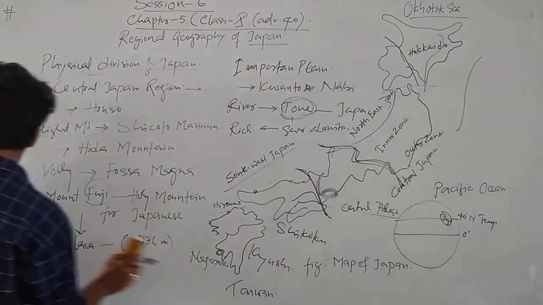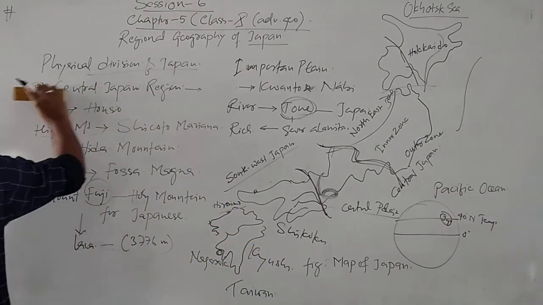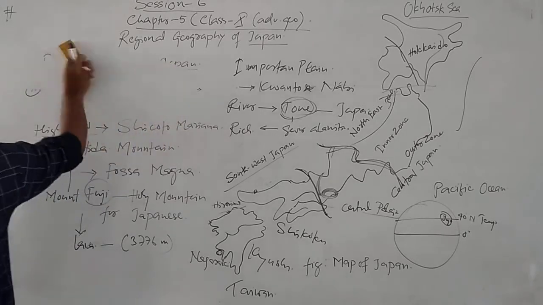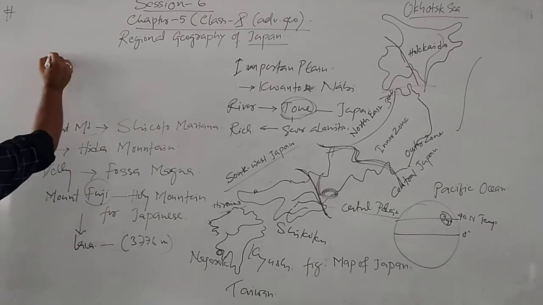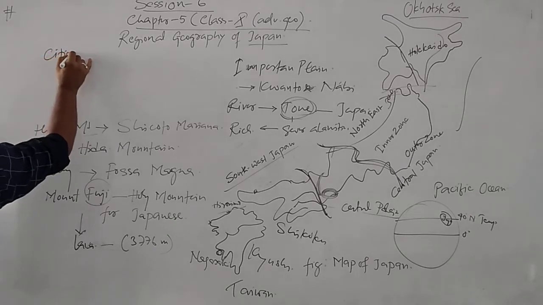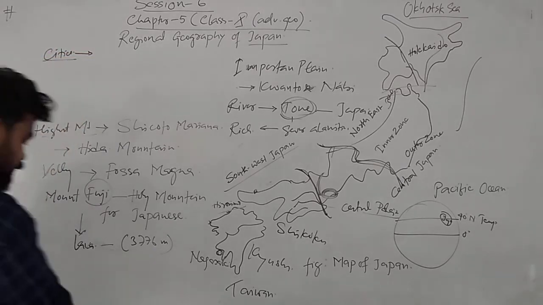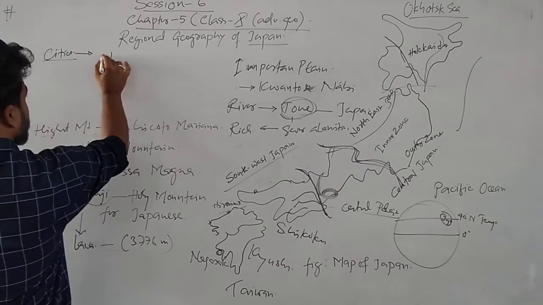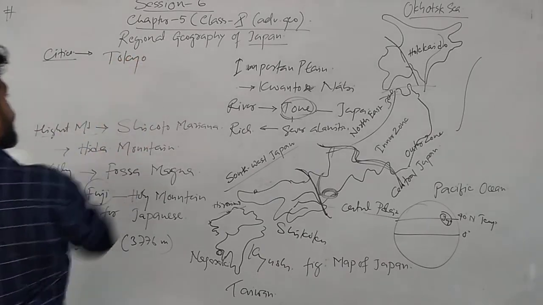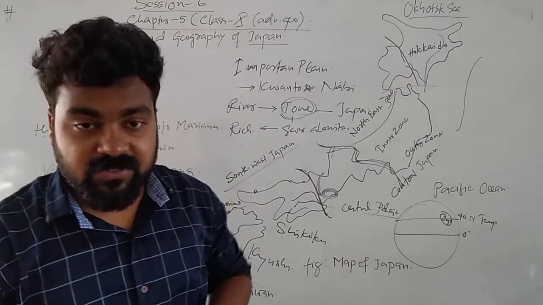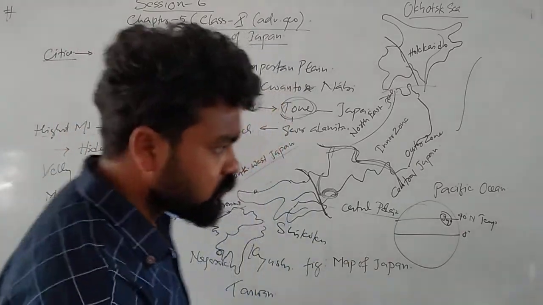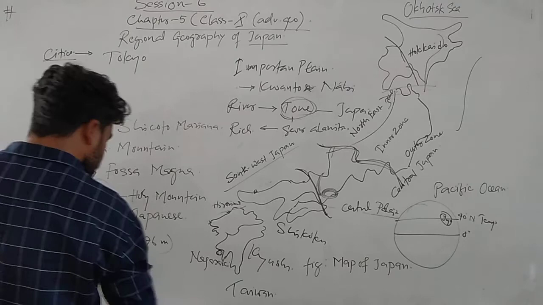We will see here what the different cities are. Important cities: Tokyo is the most important city here. Last time the Olympics were about to be held, but due to the pandemic it was cancelled.